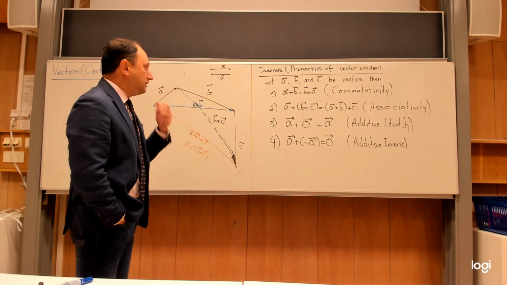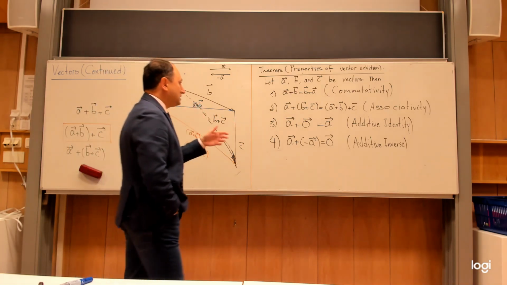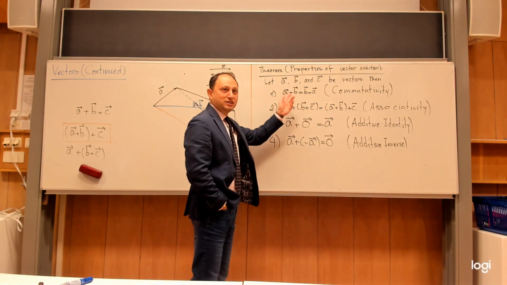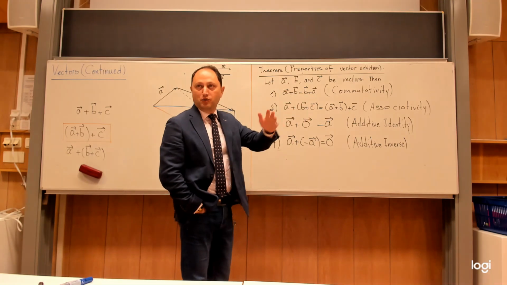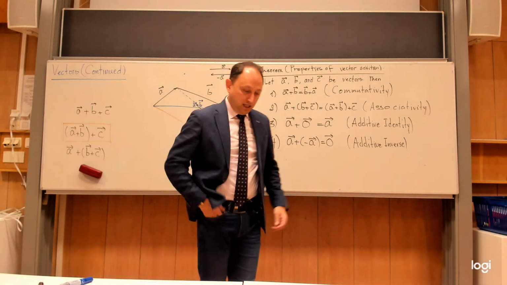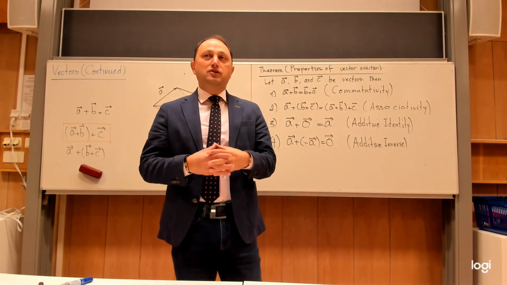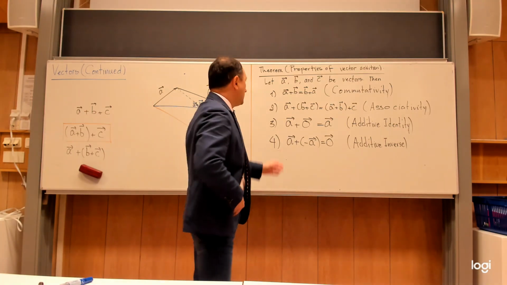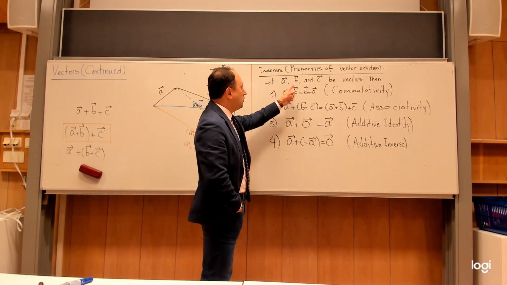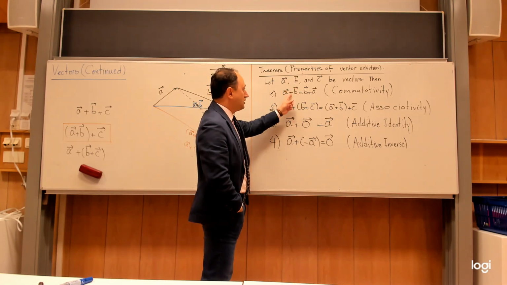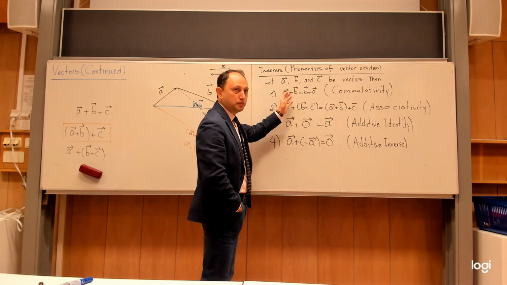Okay? And then mathematicians are also thinking, instead of proving one theorem several times, one in this context and one in the matrix theory, one for numbers, they give names to general structures. So we say that the set of all vectors with vector addition forms an abelian group.